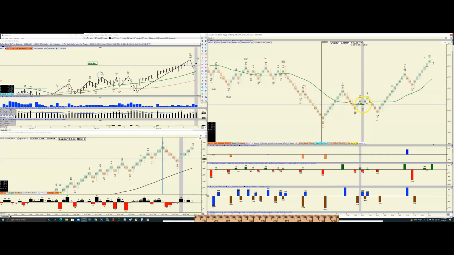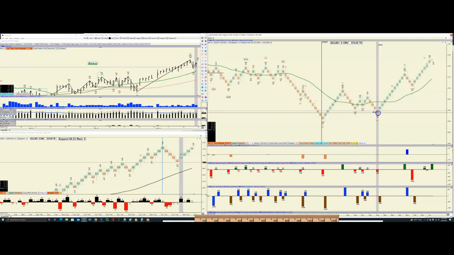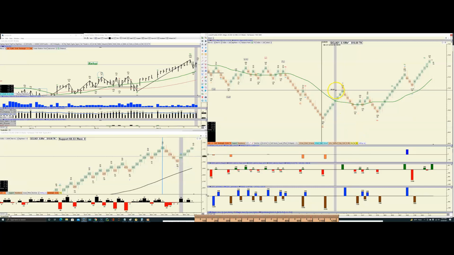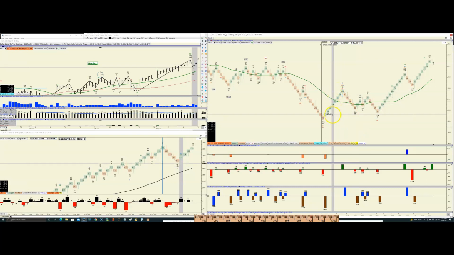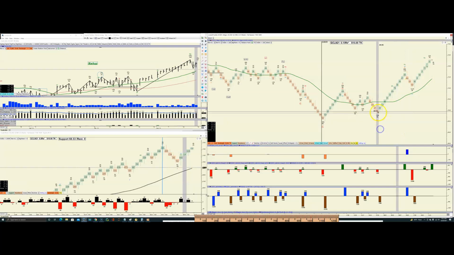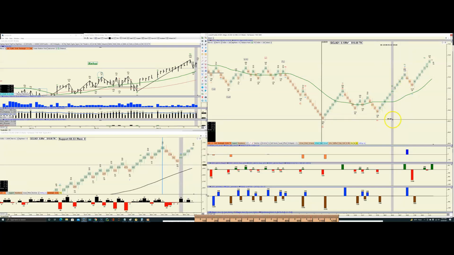But what you notice is that although it didn't break that, it's testing an edge right here. It's testing that 115, and from there it rallies. So again, it establishes trend. Trend is established right there, done.